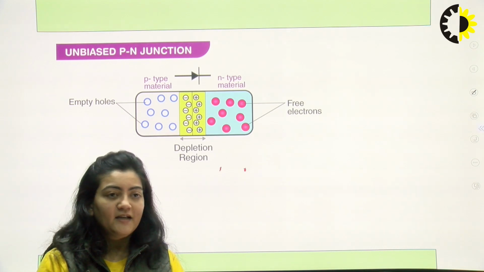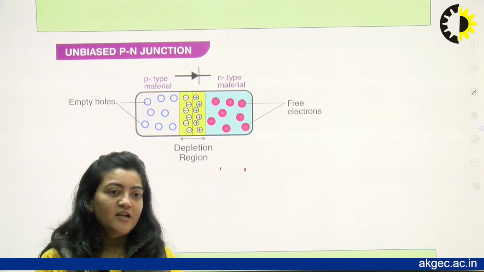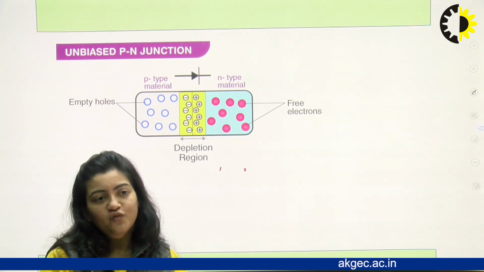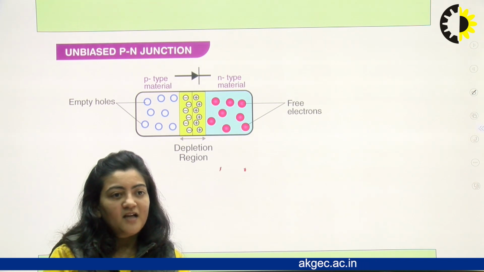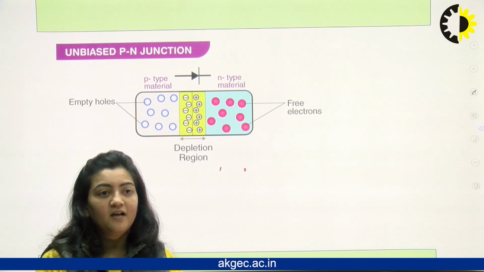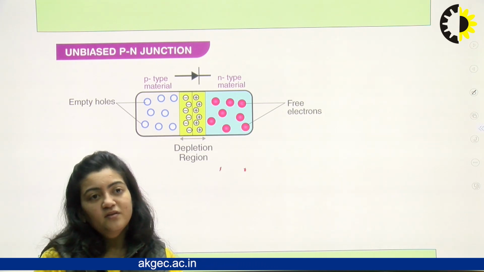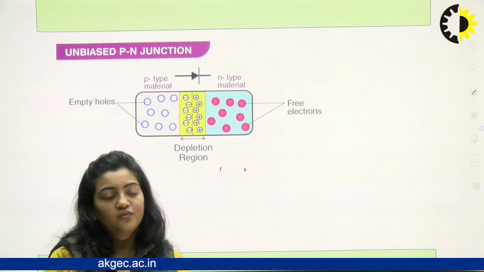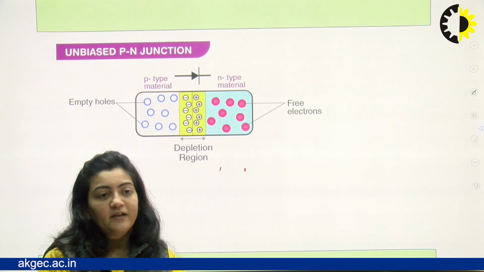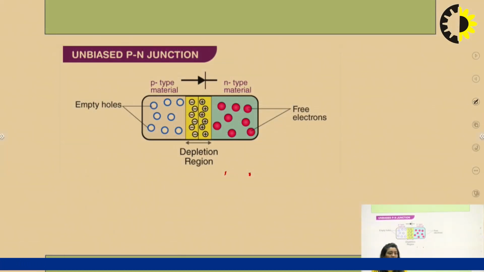The N type semiconductor is formed with doping of group 5 elements like phosphorus, arsenic. These elements have 5 electrons in the valence orbit, so they are used as a doping element, and the majority charge carriers will be the electrons.